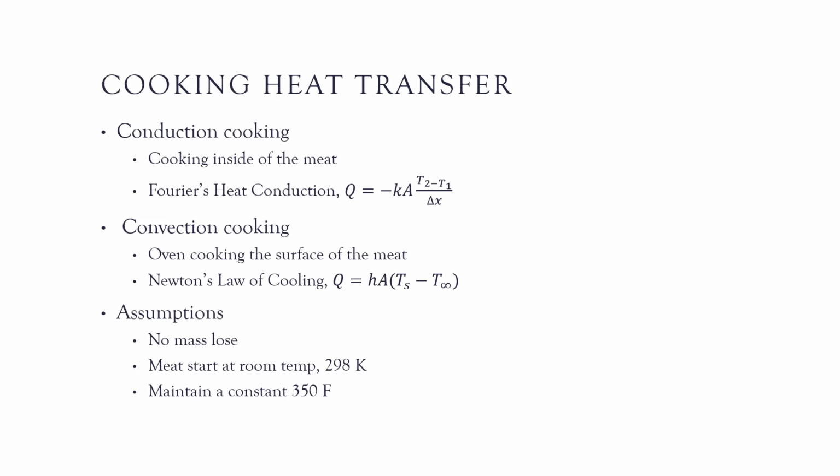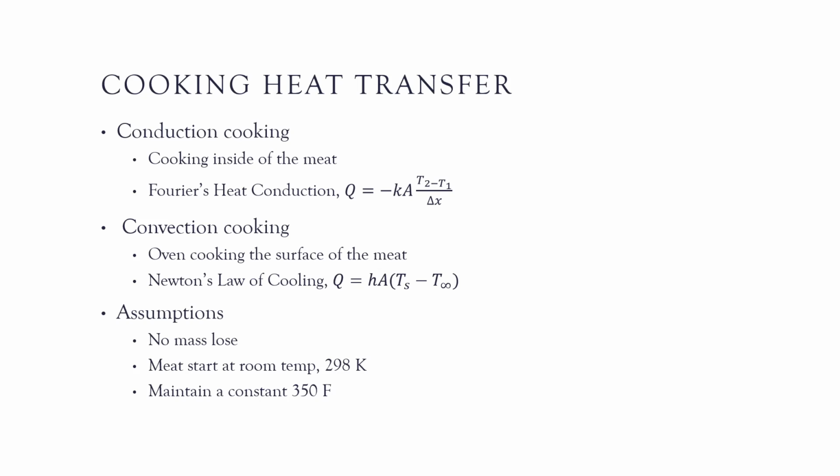And next is convection heat transfer, which is done by the oven, the air inside the oven cooking the outer surface of the meat. Heat transfers from the oven into the meat by way of air. Using Newton's law of cooling, you can calculate the heat transfer for the cooking being done using convection.